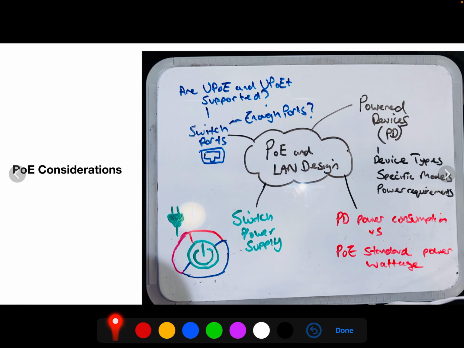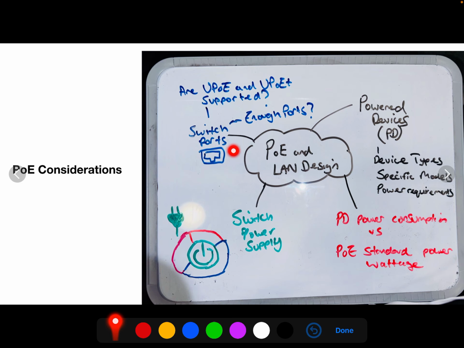Are we using laptops? PCs? What's actually connecting, wireless access points? The makes and models can be important to remember, as well as taking into account power requirements.